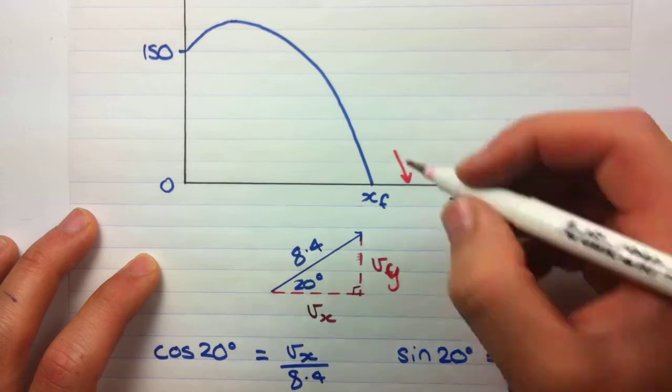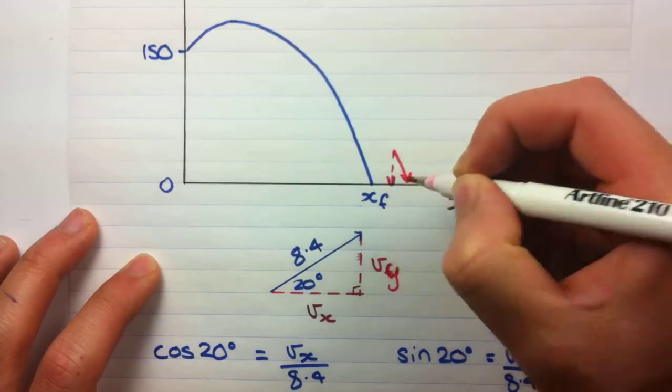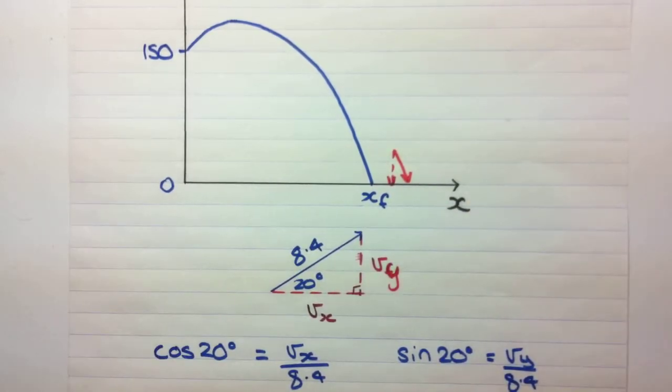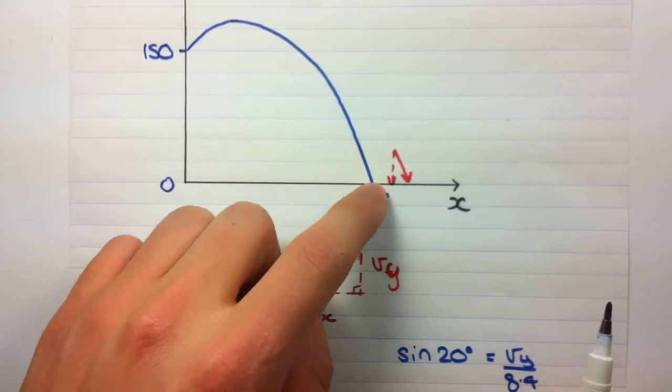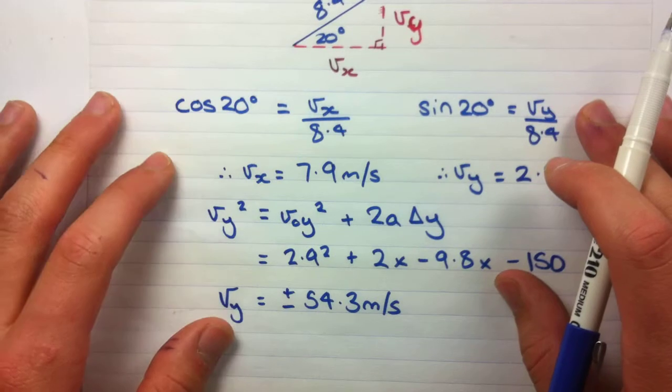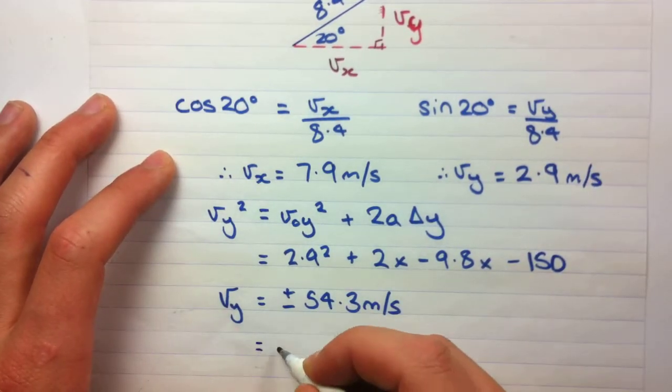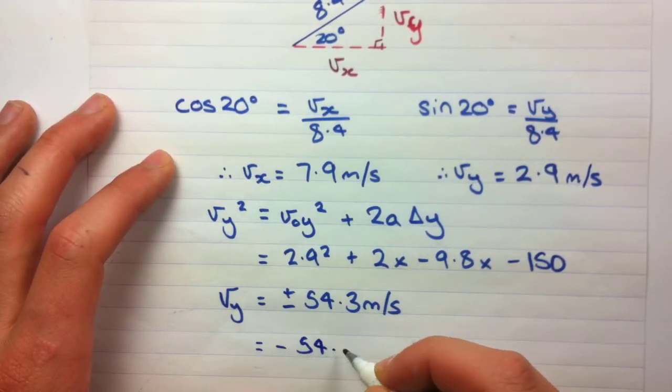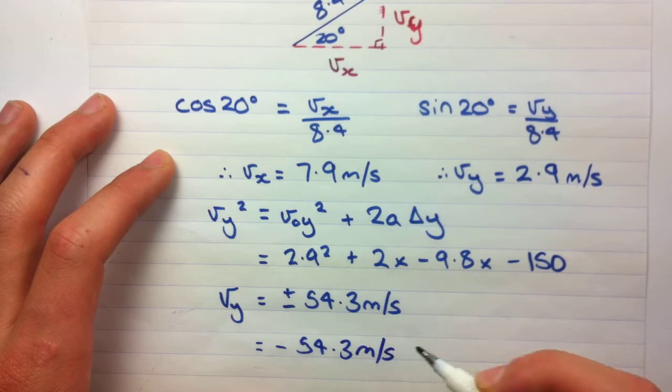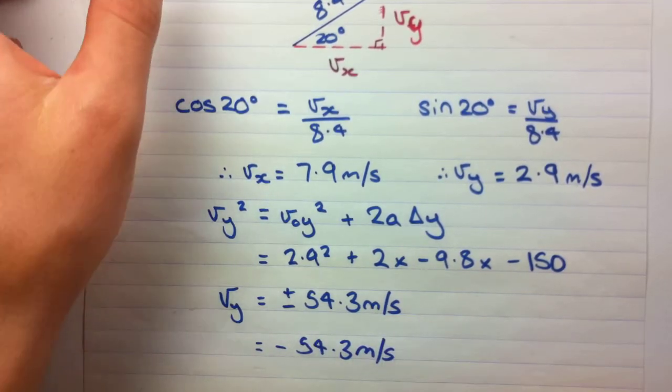And the y component is going straight down. So if we're defining up as positive, this velocity is negative. So the answer that we want to take is minus 54.3 meters per second. That is a really important concept and can get you or lose you a mark or two in exams.